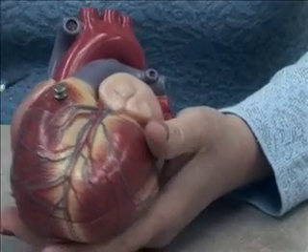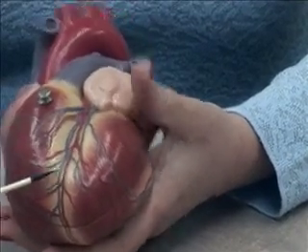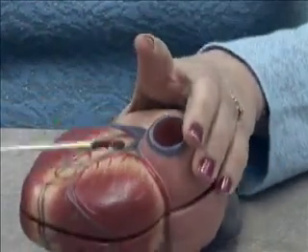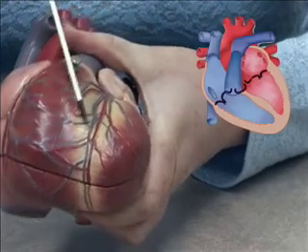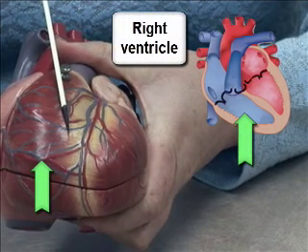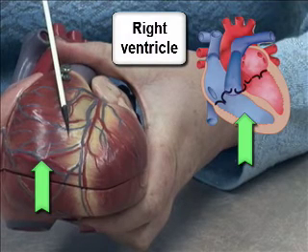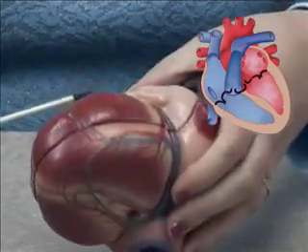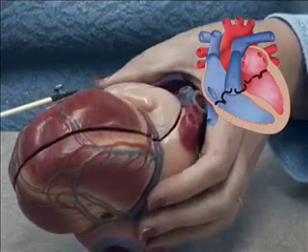The ventricles separate right where these large vessels go down in the front and in the back. This side is the right ventricle. And this side is the left ventricle.